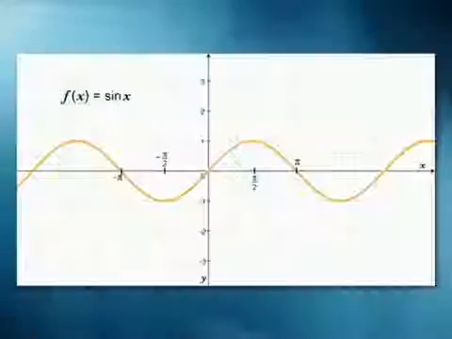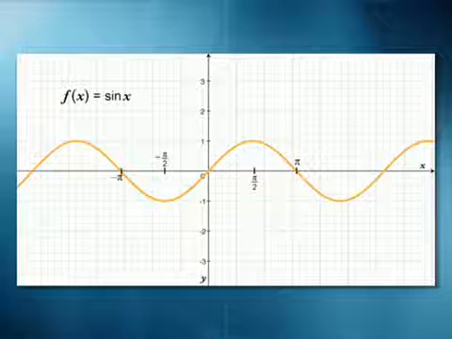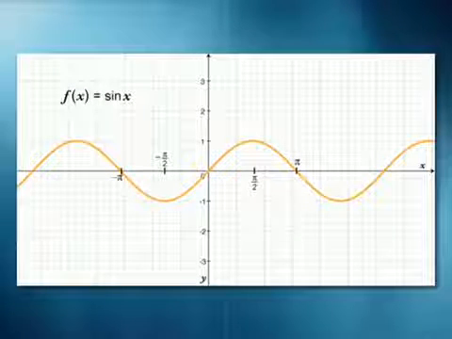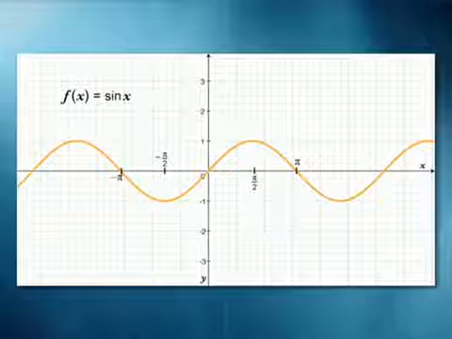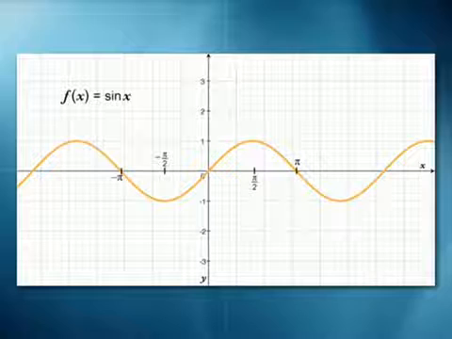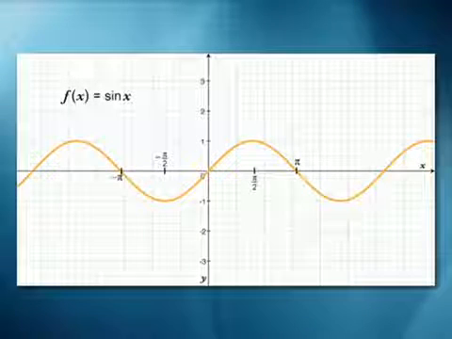Okay, let's start by looking at the most important inverse trigonometric function, the inverse sine function. How do you develop the inverse sine function? Well, you start with f of x equals sine x, the graph of the sine function. And here's a picture of it. And again, it's not a one-to-one function. Horizontal lines can hit many, many times.